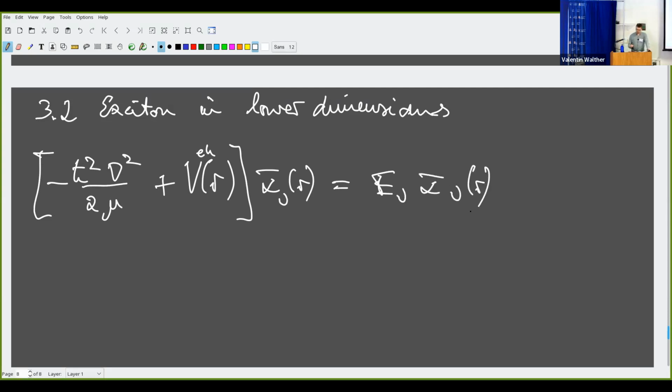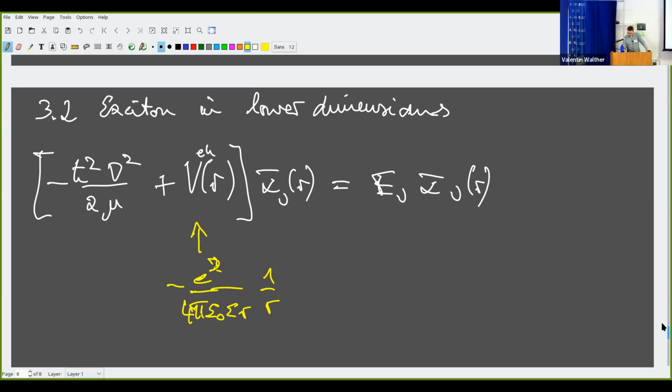To understand how excitons are different from atoms, we'll use a very simple approach and look at this potential, which typically is the Coulomb potential. In the simplest case, it's minus e squared, because the charge of an electron and hole is the electronic charge, over 4 pi epsilon 0, which is what you know from the hydrogen atom. But there's this factor epsilon r, the dielectric constant of the semiconductor, that weakens the attraction.